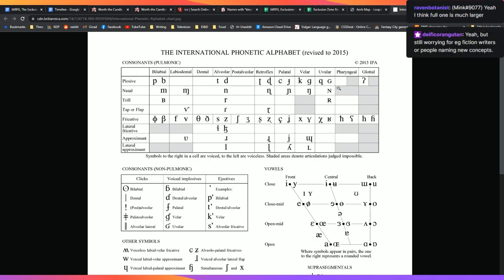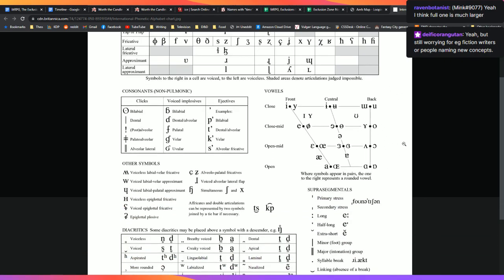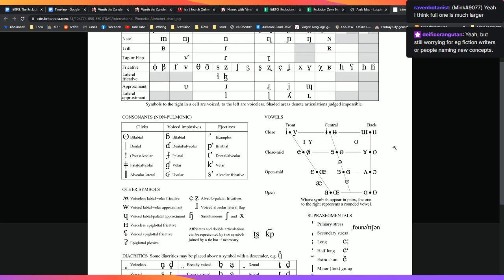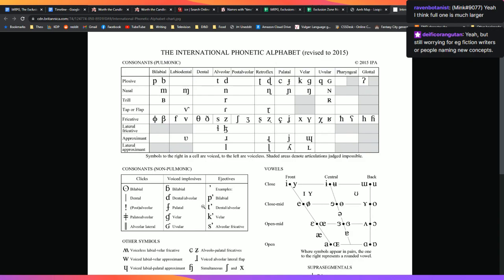In theory, this is all the sounds that are in the International Phonetic Alphabet. These are all the vowels that we make. So the idea is that all the languages avoid certain features, and I'm not going to map them out because I don't know enough about linguistics.